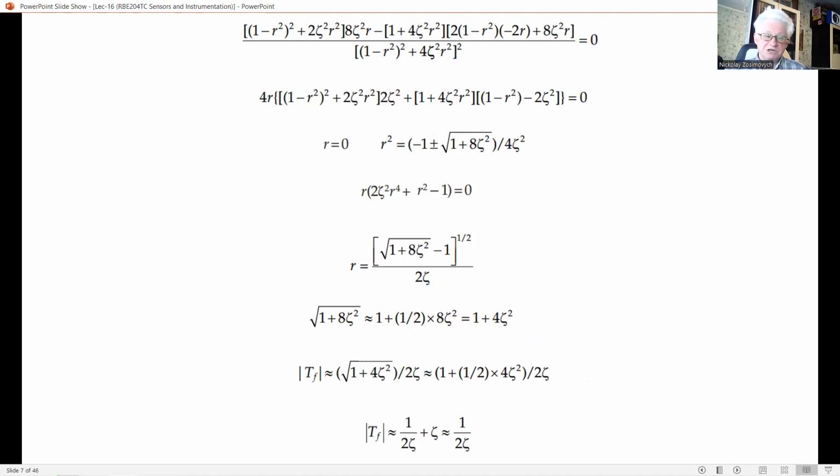And from this equation, its value can be found as a final expression here. So the absolute value of TF will be proportional to this expression, 1 over 2 theta.